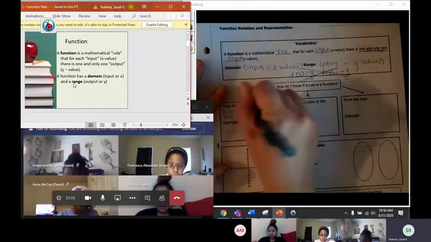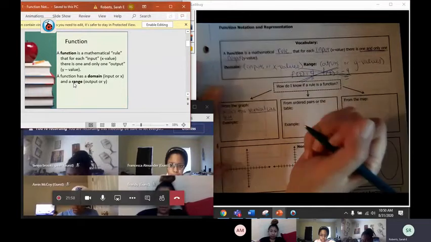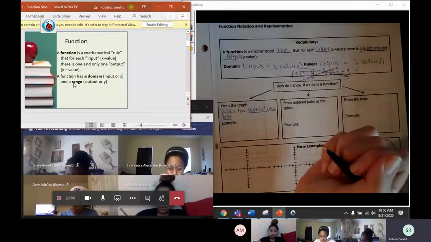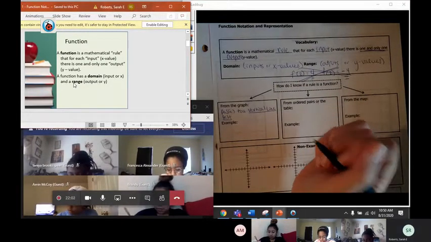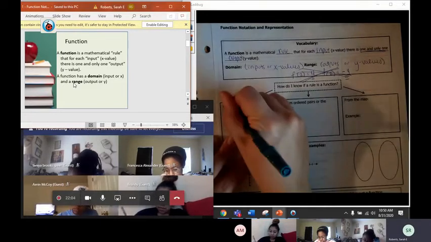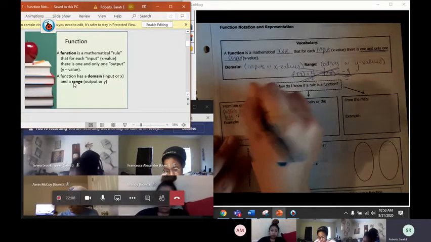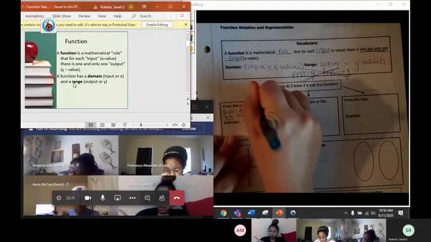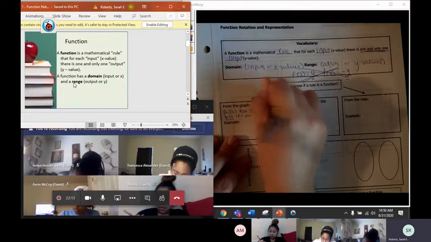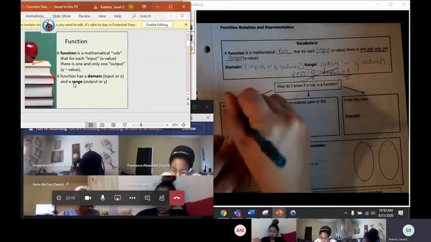Okay, so you should be able to draw a vertical line through your function and it should only pass through one time. So you should be able to put your pen up and down on your graph and it should only touch the graph one time.